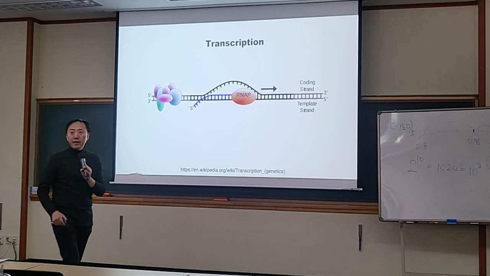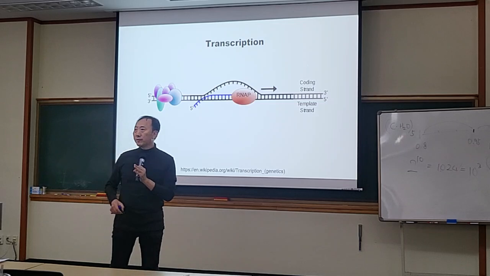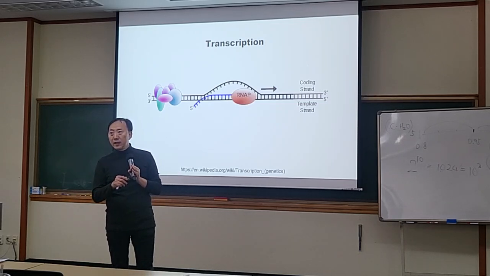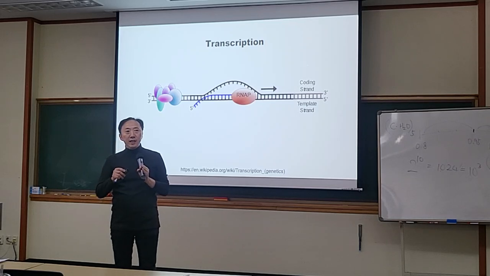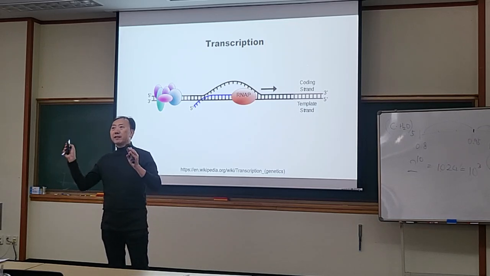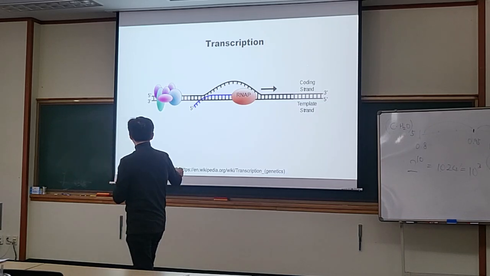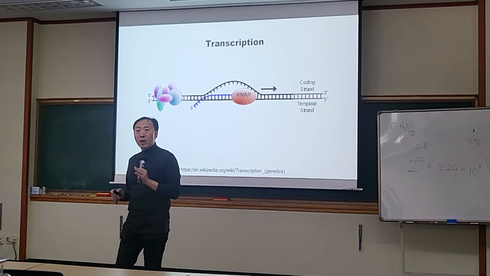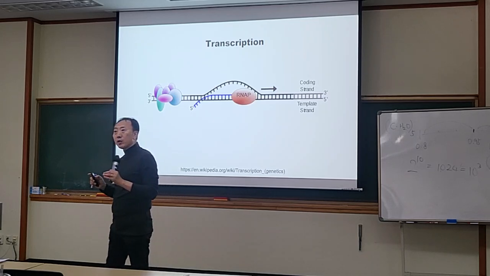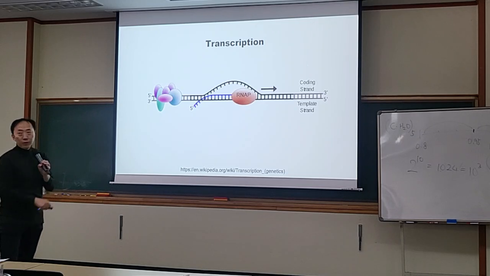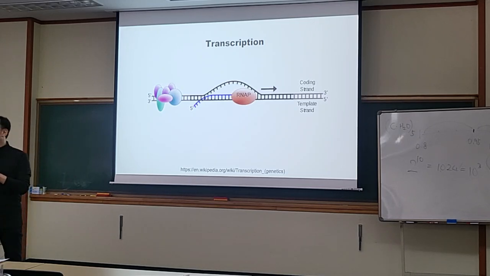For example, if the sense strand is AAAAA, the antisense should be TTTTT. AAA and TTT carry totally different designations for amino acids. So the template antisense sequence, information-wise, doesn't have anything to do with the protein sequence. That means only one strand is meaningful, and the other strand is just a template for synthesis.